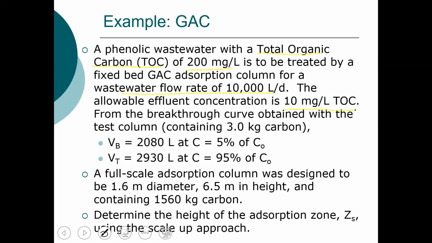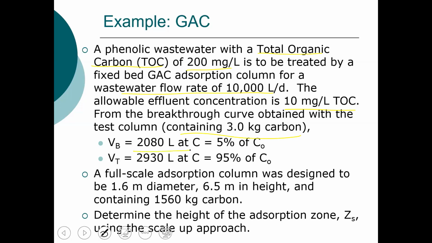Now, typically what is done is to run a pilot study, so start at bench or slightly greater than bench scale. Here we've run a breakthrough curve on a test column, and that test column contains 3 kilograms of carbon.